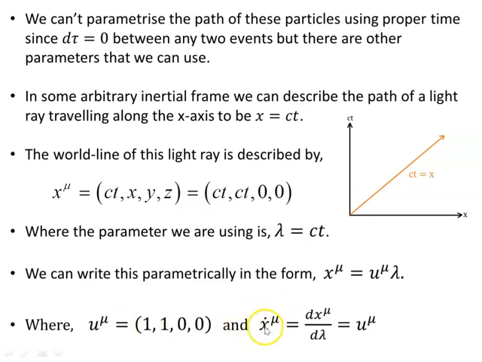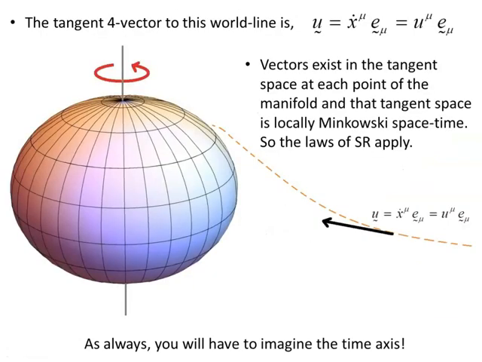And the derivative of x^μ with respect to the parameter λ, written x-dot, meaning dx^μ/dλ, is u^μ. Now the tangent vector to this world line is the vector u = ẋ, expanded in the basis vectors e_μ as u^μ e_μ.